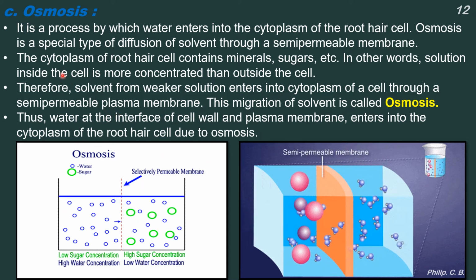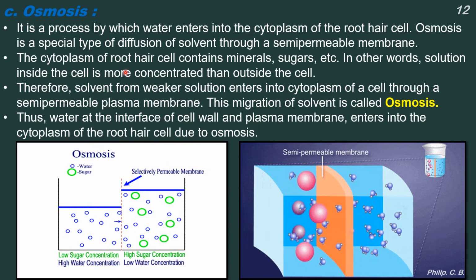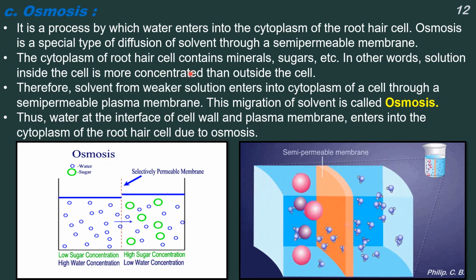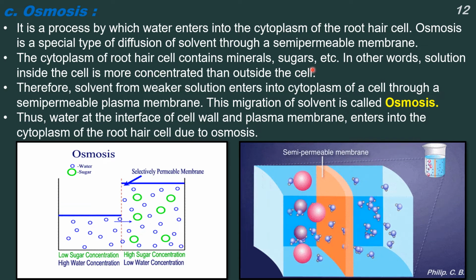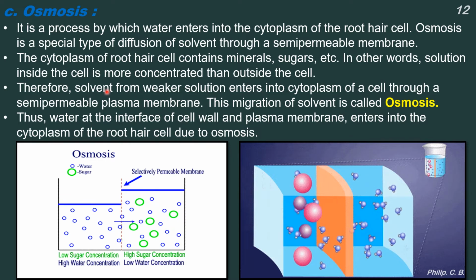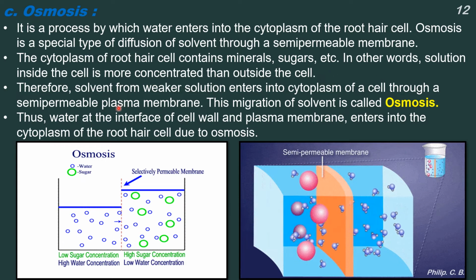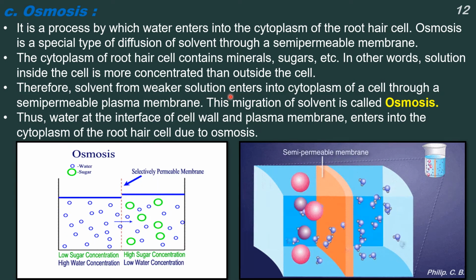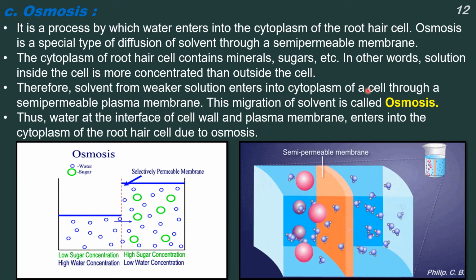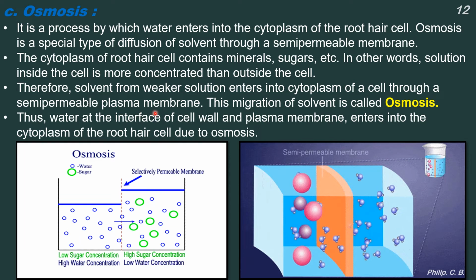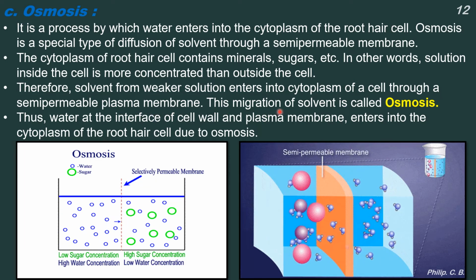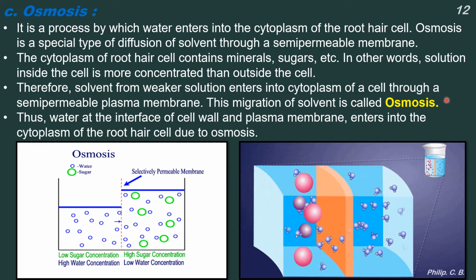Moving further, the next point: the cytoplasm of the root cell contains minerals, sugar, etc. In other words, the solution inside the cell is more concentrated than outside. Therefore, solvent from the weaker solution enters into the cytoplasm of a cell through a semi-permeable plasma membrane. This migration of solvent is called osmosis.